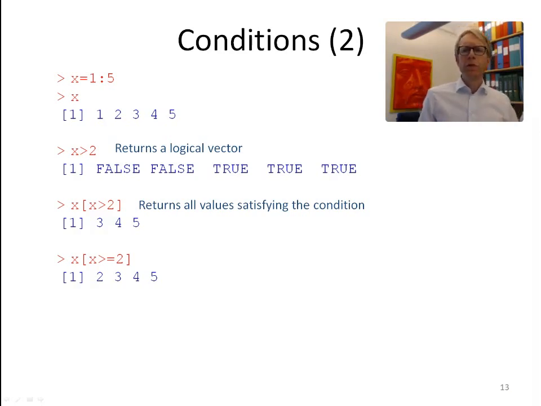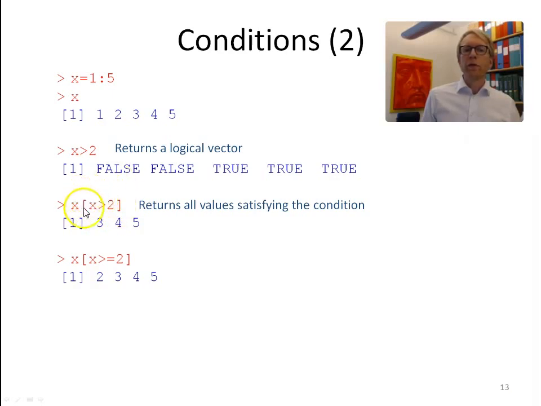If instead, which might be more common, you want to know which elements in x are greater than 2, and what they contain, then you could write x and, in the position where this condition is met.